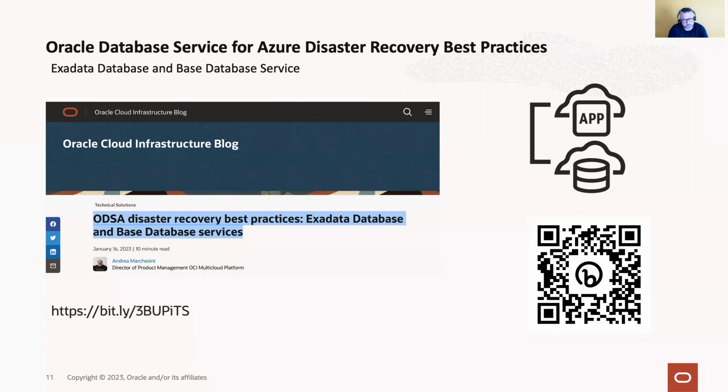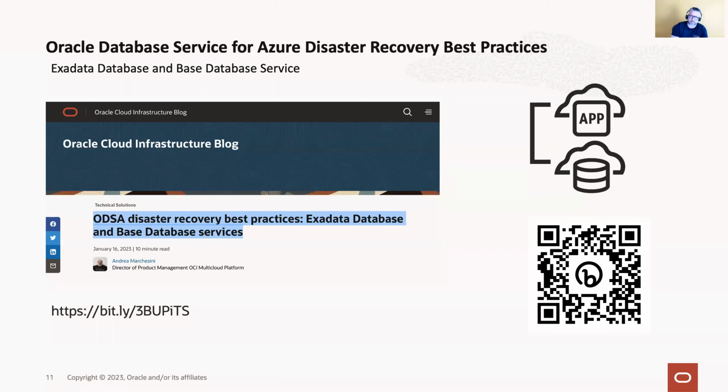Yes, our team has created a blog to describe the best practices to set up disaster recovery cross-region. What's important there is to know what we mean with cross-region. It means that you can set up disaster recovery across different interconnected regions in OCI.